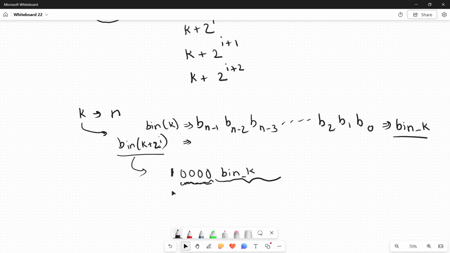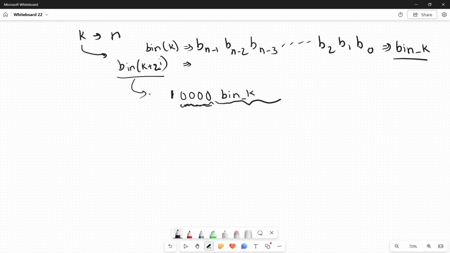Okay, and what about binary of k plus 2 to the power of i plus 1? How will it look? Basically it will look something like 1 0, the same number of zeros in this segment, and then the binary representation of k. Do you agree? Yes, it is like that.